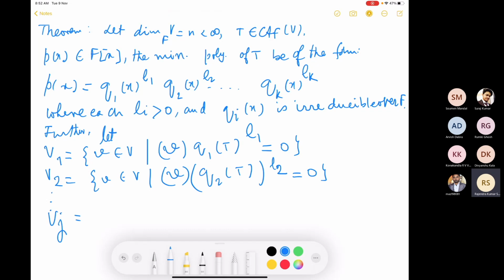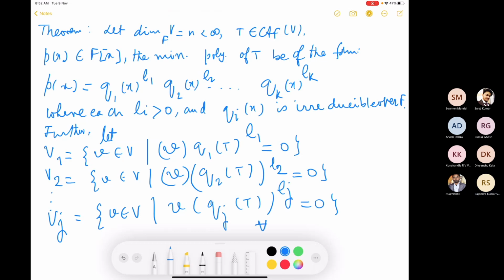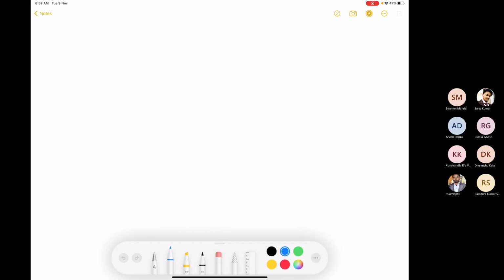So Vj would be all v in V such that v Qj(T) power Lj is 0, for every j from 1 to k. Then what will happen? Then a few things we can observe. Number 1, each Vi is a subspace. Number 2, it is a T-invariant subspace.